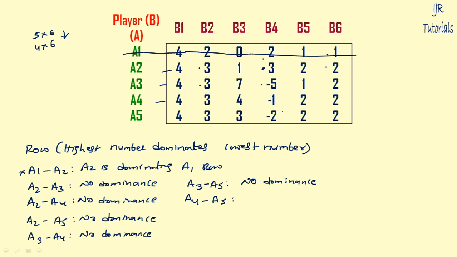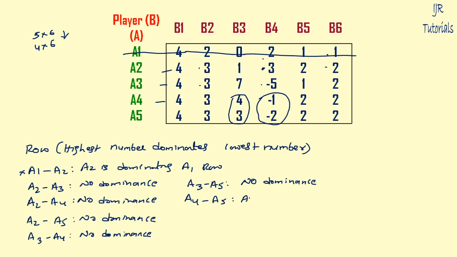And if you see the numbers 4, 4, 3, 2 and 2, all are dominating each other, but remaining the middle points. See here 4 and 3, and minus 1, minus 2, here 4 dominating, minus 1 dominating. That means in most of the cases A4 is dominating A5.